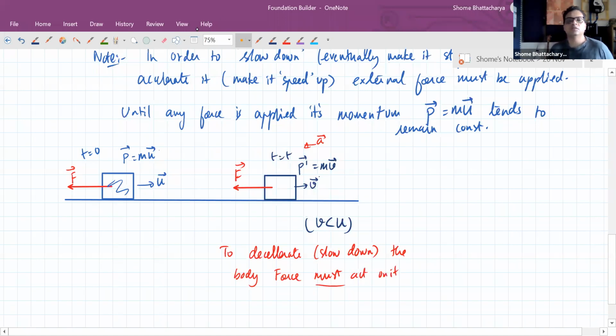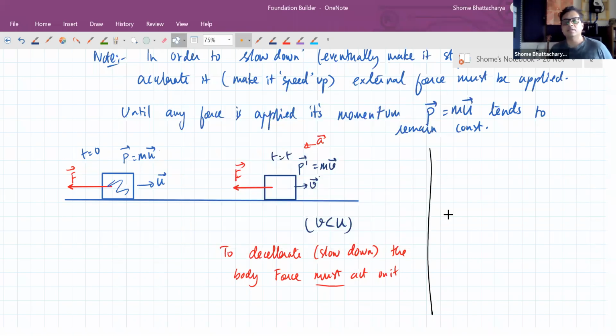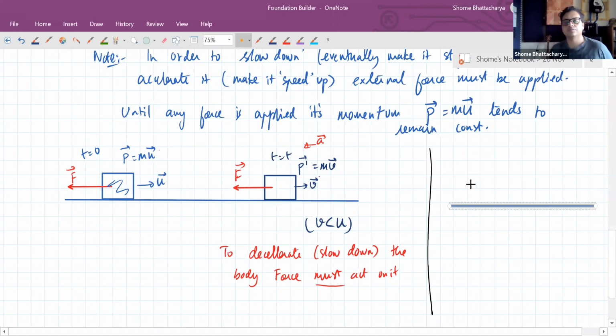Or alternately, suppose we want to make the body accelerate. Even then we have to apply some kind of force. On its own, it will not accelerate. In the absence of force, the body will tend to continue in its state of uniform motion.